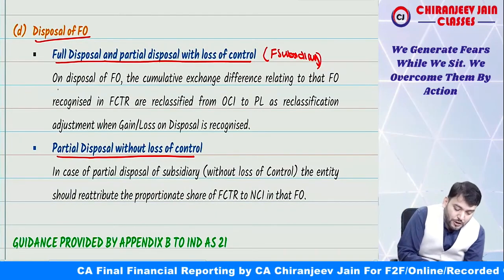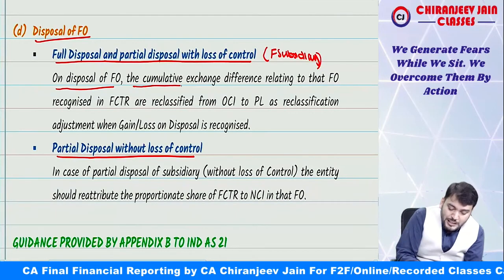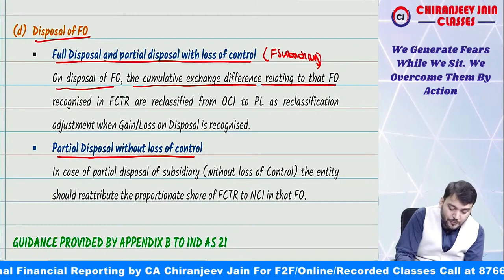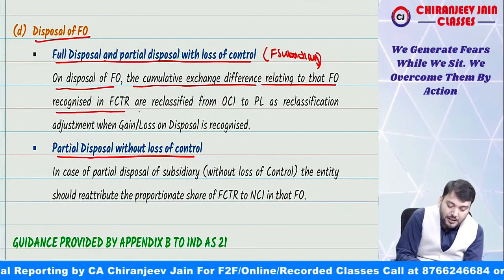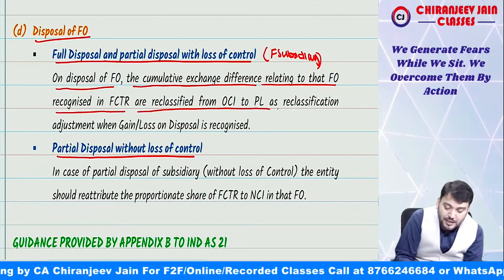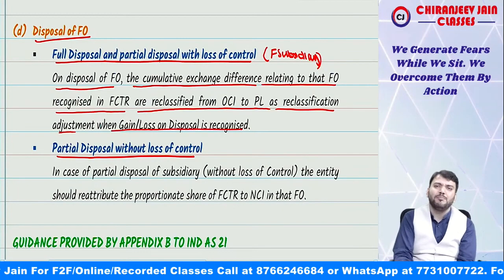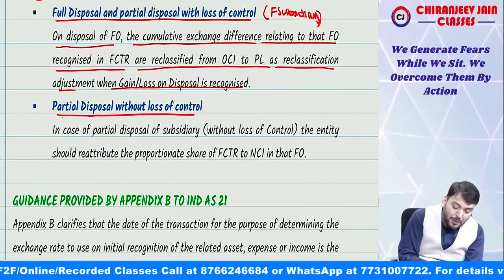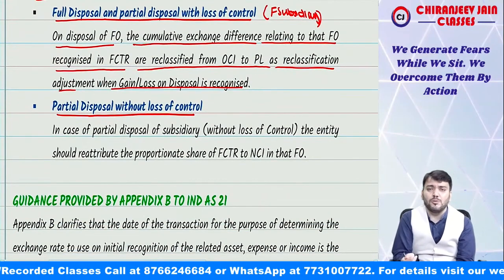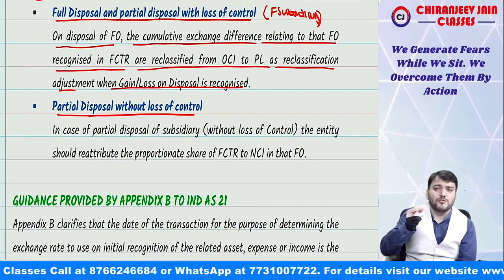On disposal of a foreign operation, the cumulative exchange difference relating to that foreign operation recognized in FCTR is reclassified from OCI to PL as a reclassification adjustment when the gain or loss on disposal is recognized. But in partial disposal without loss of control, there will be a change in the proportion of NCI.